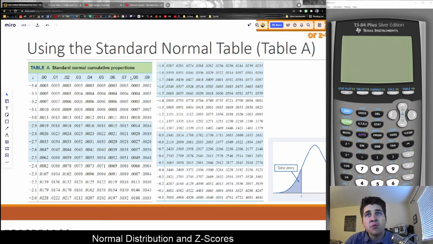And the top gives us a little more detail, like, what if it was negative 3.40? Basically, this would be our percentage for that particular z-score. Or let's say we had negative 3.41, negative 3.42. Each entry in this table is related to a very specific z-score.